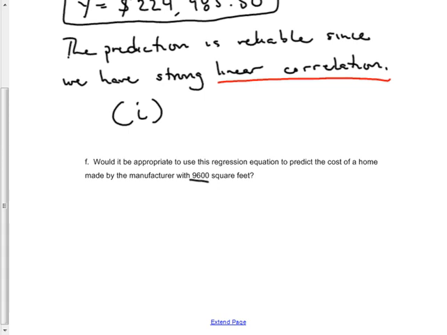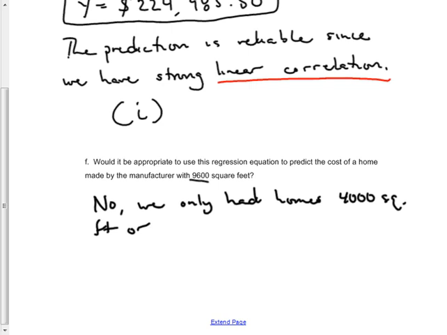The biggest square footage I see is 4,000. So this would not be a good idea since we only had homes that were 4,000 square feet or less in the sample.